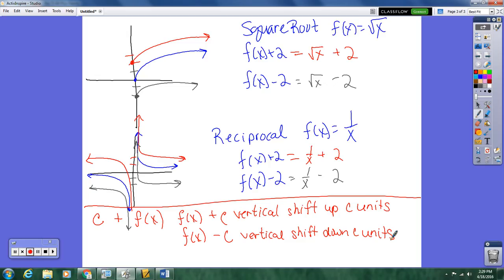On number 4, the 1/2 and the 2 are in the parentheses, and on 7 and 8, it's outside. So we know that when we did number 4, or 3 and 4, we know when it was inside, it stretched it or it what? Move it side to side.